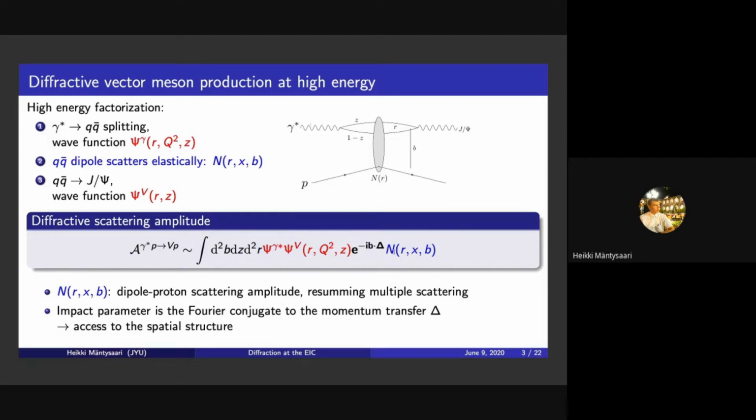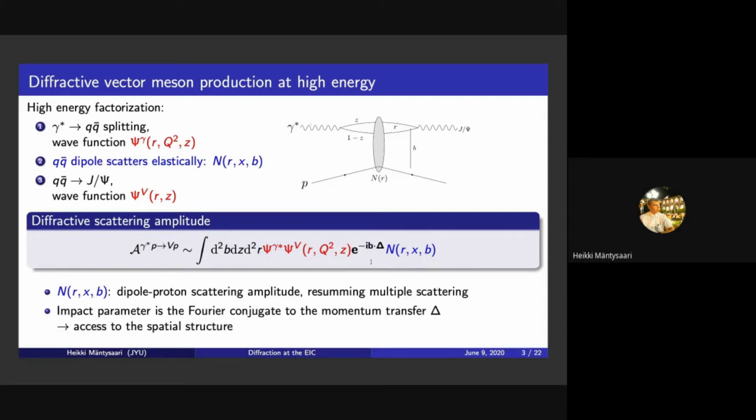And then because this is written now in the transverse coordinate space, but what you actually calculate or measure is as a function of transverse momentum, where delta is the p_T that the vector meson has after the interaction, I have to calculate the Fourier transform from coordinate space to momentum space.